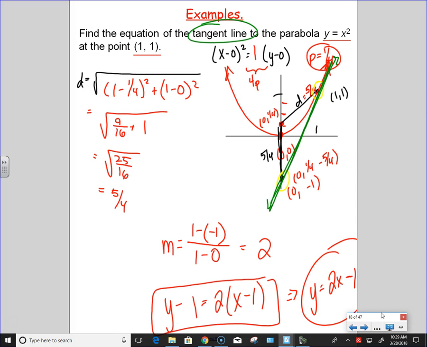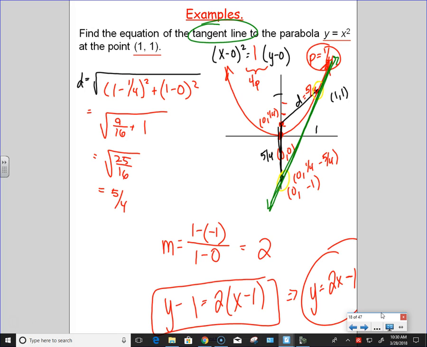Good. Step 4. Find the distance from? Good. From the focus to the point. Good. Find the distance. Step 5. Subtract that distance from the actual focus. Now this one we were going down, so we were subtracting from y. What if the parabola was shifted this way? We wouldn't add, we would subtract still, but we'd subtract from the x, not from the y.